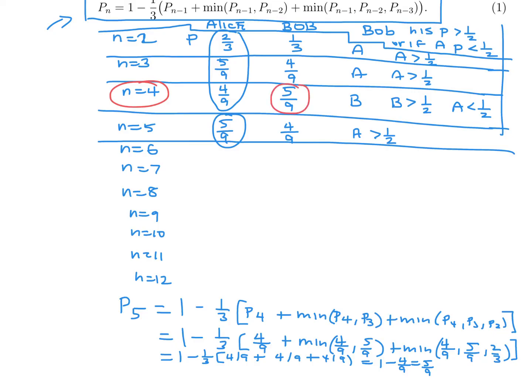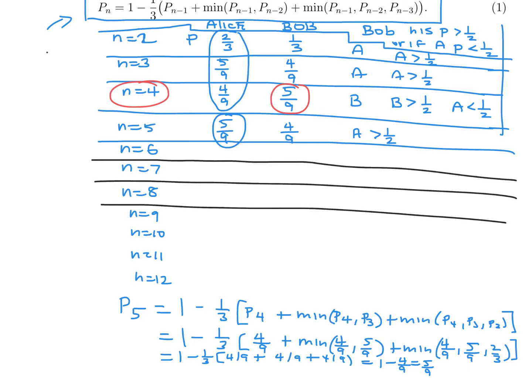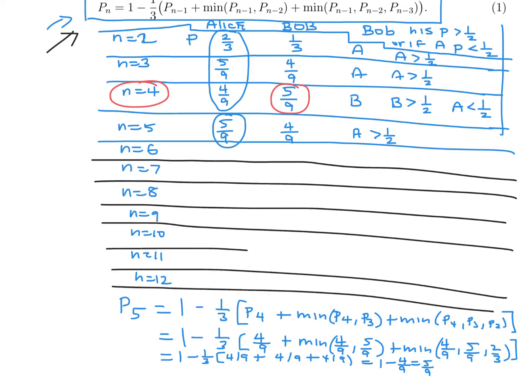Okay, so similarly, you would calculate all the other values, P6, P7, all that, using the recursive formula right there. And when you do, you'd get the following numbers. You get 14 over 27, 41 over 81.